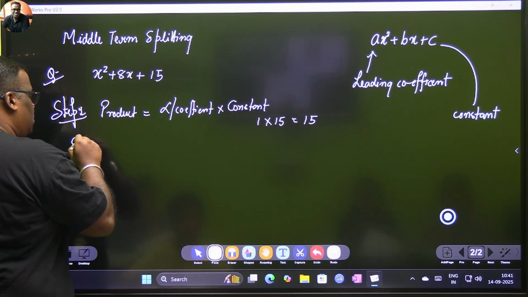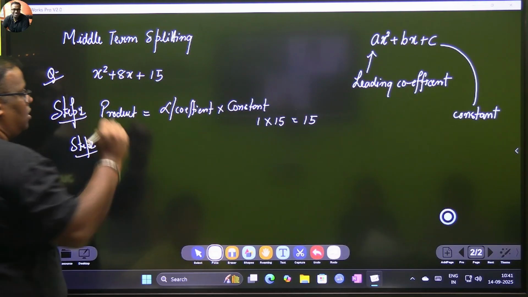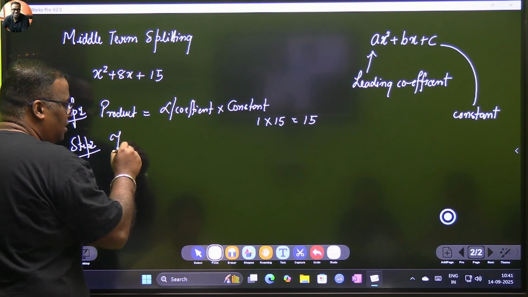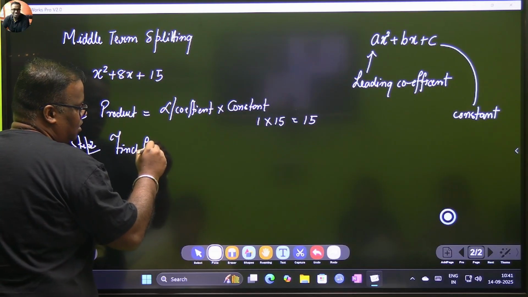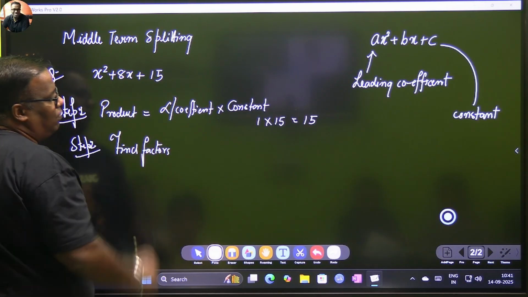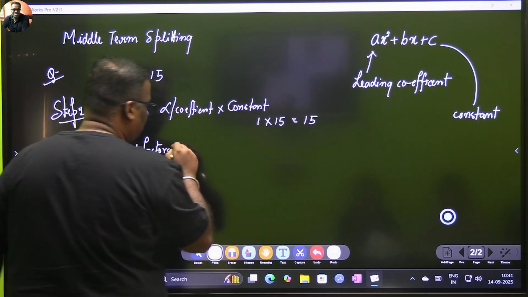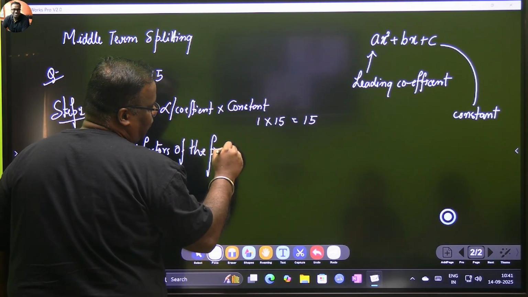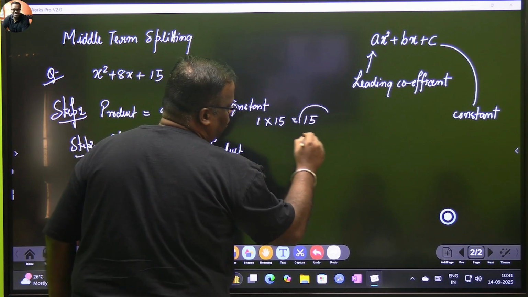Got it? The next step is the tricky one. Step 2. Step 2 is to find factors of the product. This is my product.